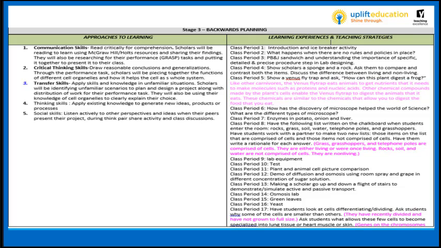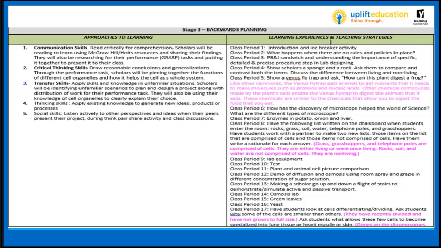Transfer skills, where they apply skills and knowledge in unfamiliar situations. Scholars identify unfamiliar scenarios to plan and design a project. Thinking skills, where they apply existing knowledge to generate new ideas, products, or processes. And social skills would be listening actively to other perspectives and ideas when the peers present their project or during think, pair, share or class discussion.